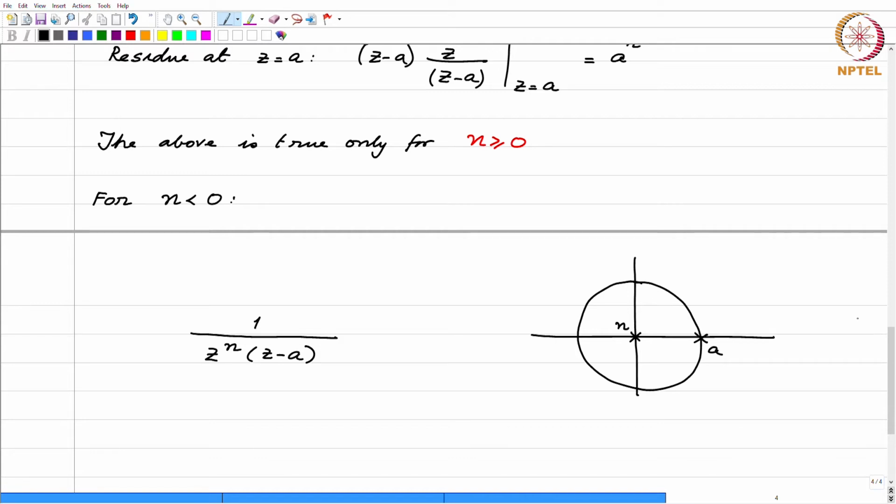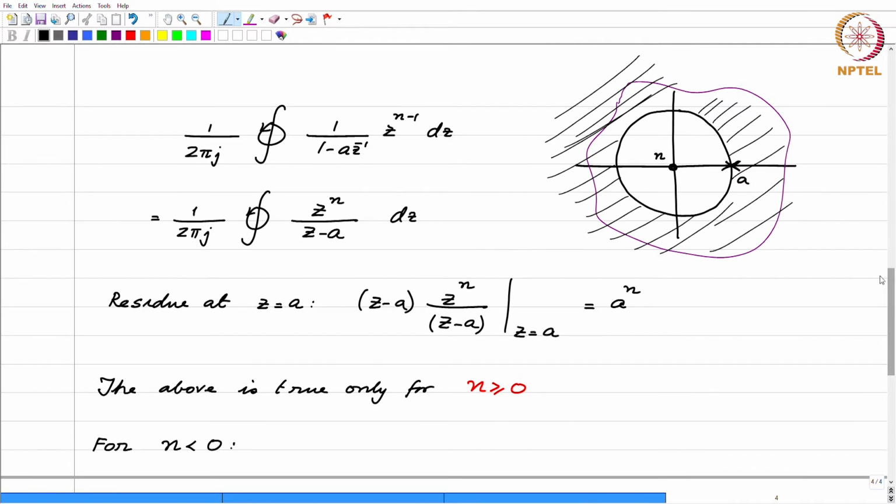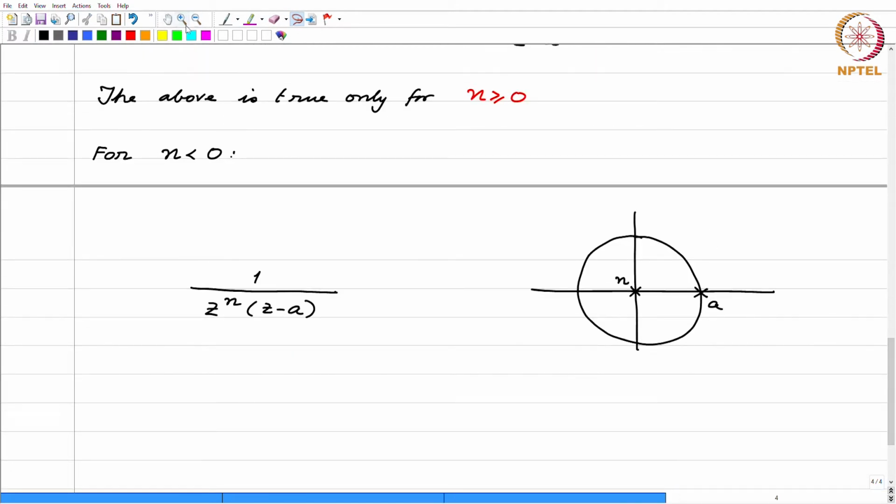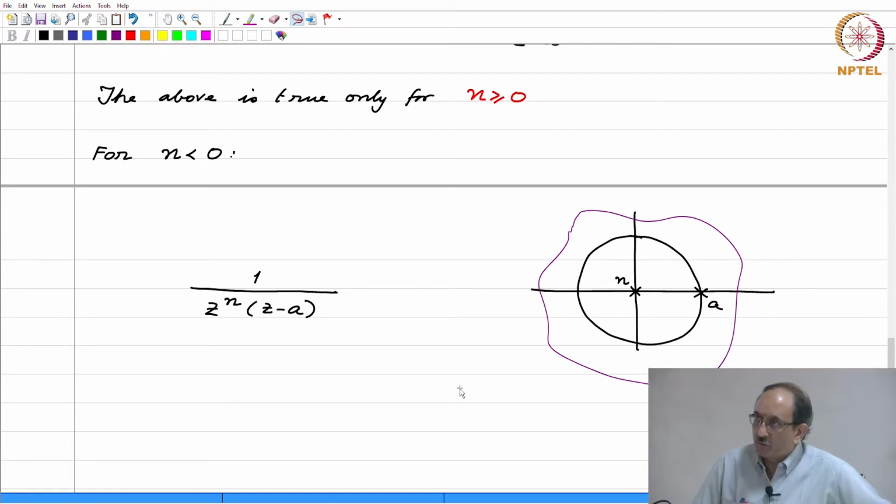Okay. Therefore, if you now take this contour and look at it, it is now encircling not just the pole at z equal to a, but also the trivial nth order pole. So, when you compute the residue, you have to compute the residue at z equal to a and also at the nth order trivial pole.